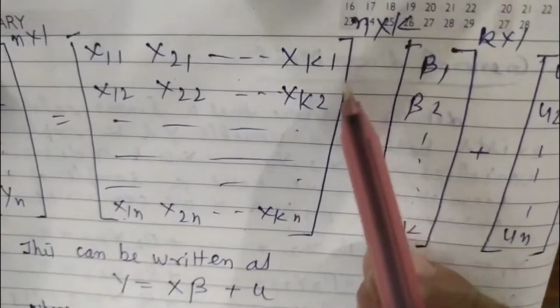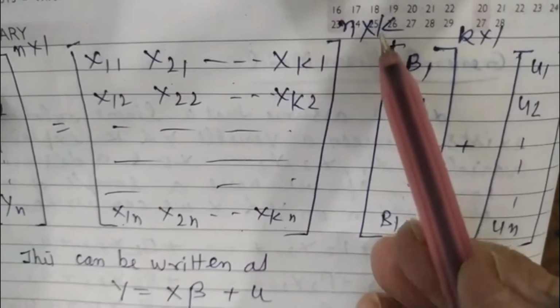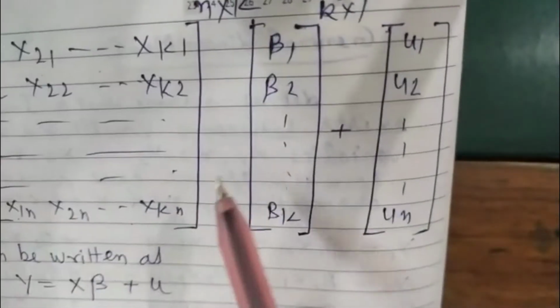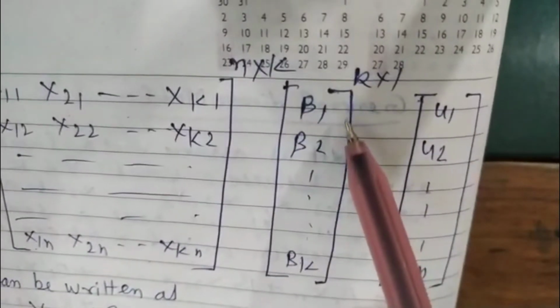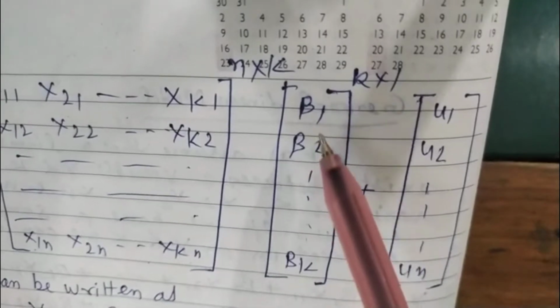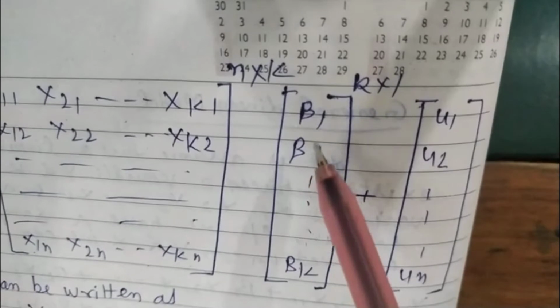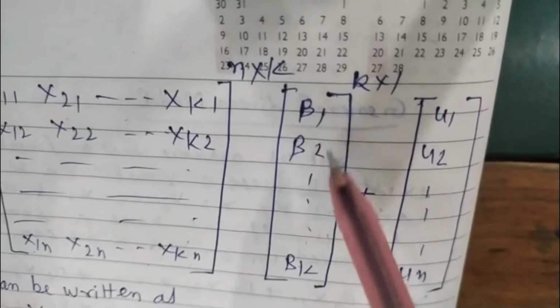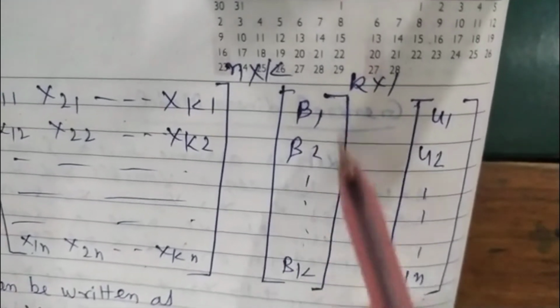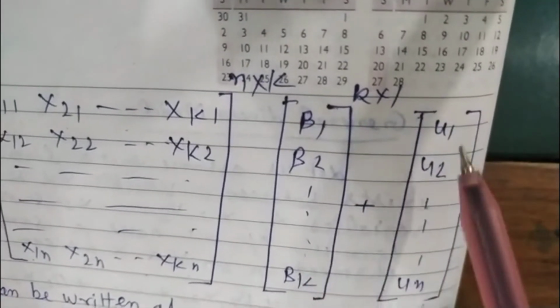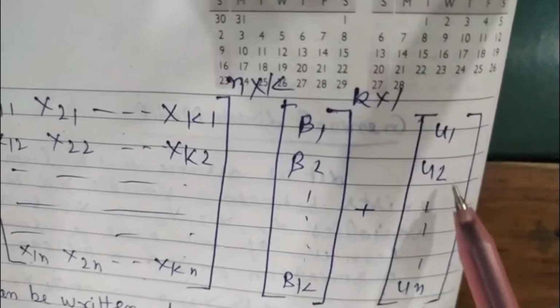It has n rows and k columns because it has k variables. Now the betas depend on the number of variables. Here we have k variables, so b1, b2 up to bk, a k by 1 column, plus the error term, u1, u2 up to un.